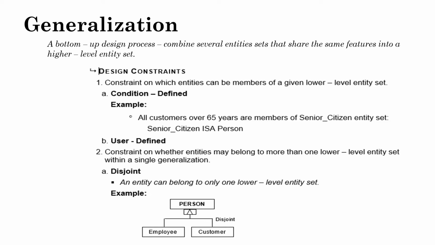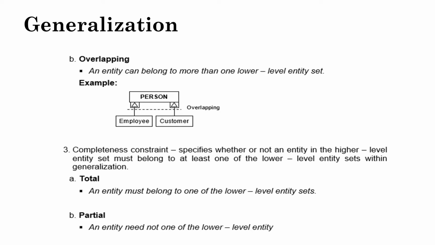Another example: we have the entity person, which is divided into lower level entities, such as employee and customer entities. How about overlapping generalization? An entity can belong to more than one lower level entity set.